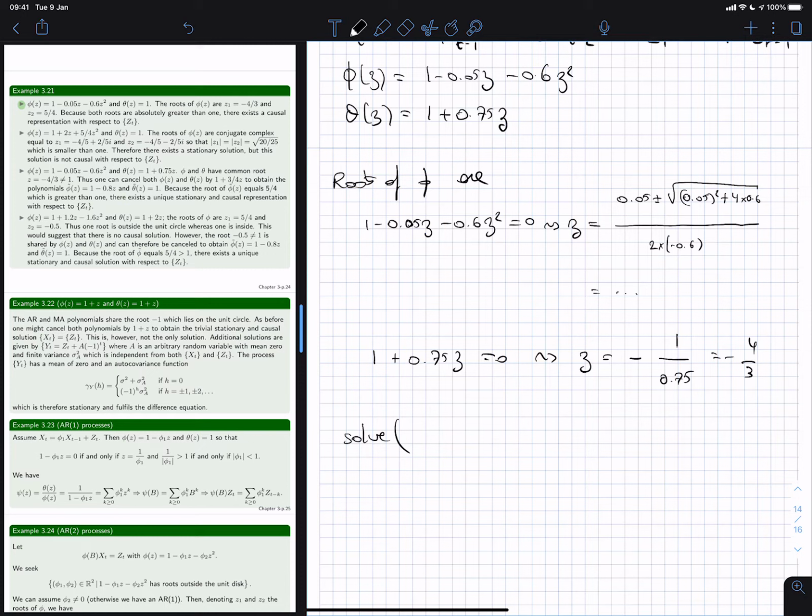Oh no, that solve is for linear systems. Does somebody remember the command in R? Nobody? Maybe it's called find root. So find the roots of a polynomial in R. It's called polyroot.